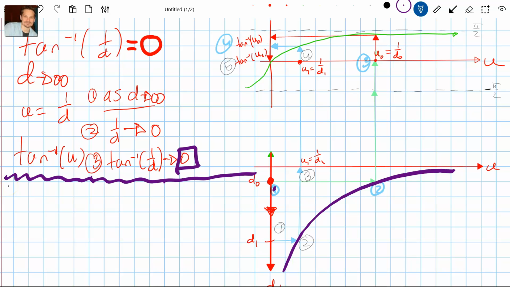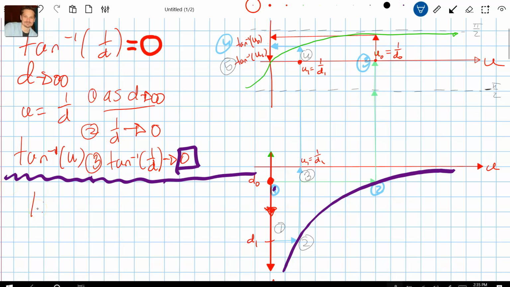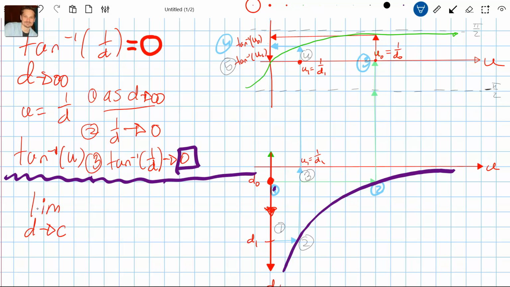Okay, on your own, try this. So limit as d approaches 0 from the right, tan inverse of 1 over d. What does this equal using pictures like these? I know what it equals, which is that basically it's pi over 2. But the question is, can you draw little graphs like that to convince yourself that it's pi over 2 rather than some other value?